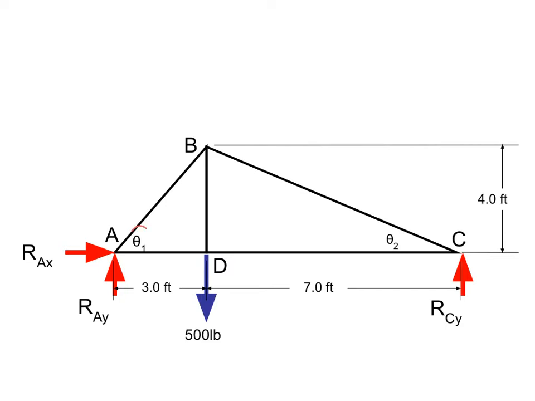Now, if we remember from our trigonometric functions, to find that missing angle, we're going to use our trig function, so SOHCAHTOA. Now we have the adjacent side, the 3 feet, and we have the opposite side, the 4 feet.